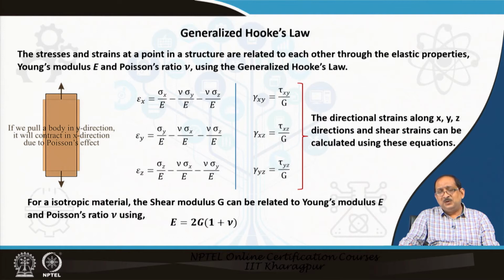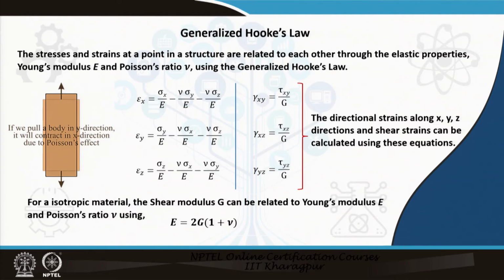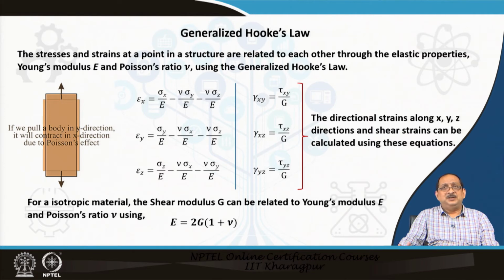So, Poisson's ratio is basically the lateral contraction to the axial elongation.